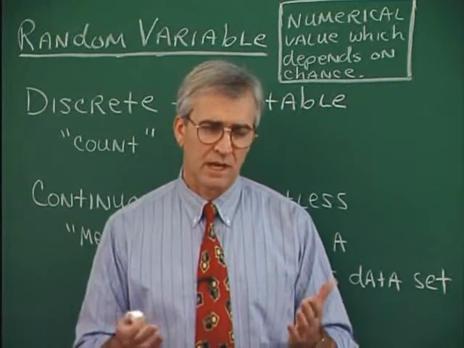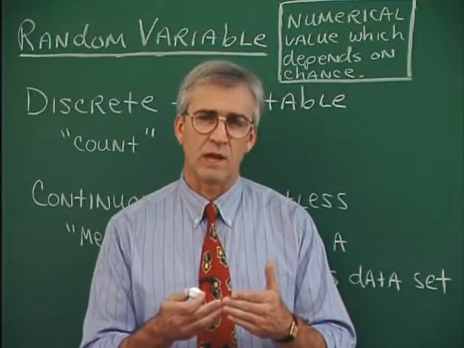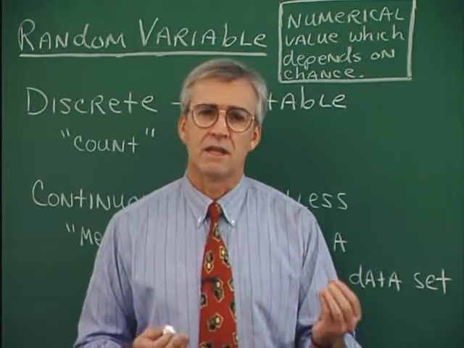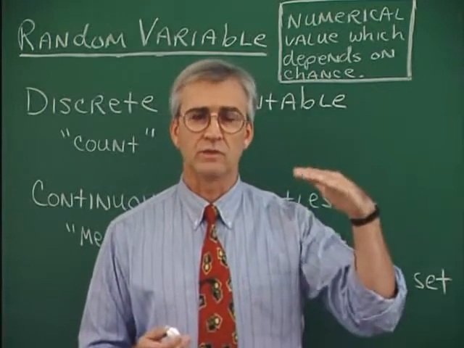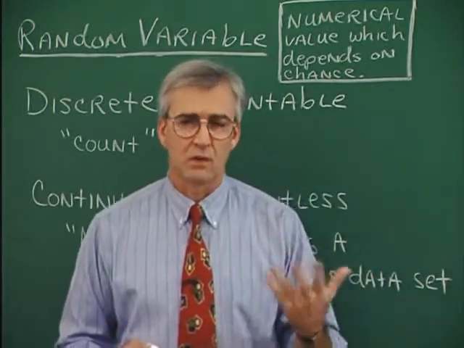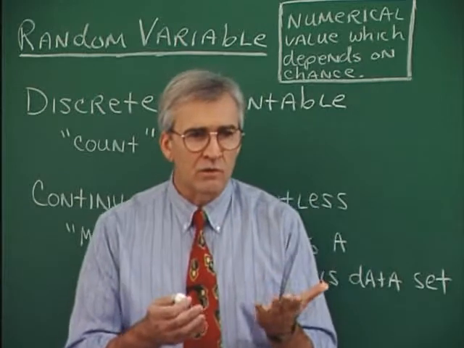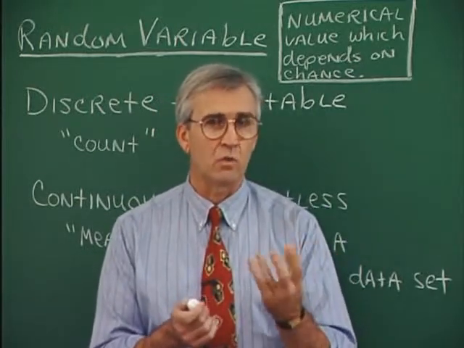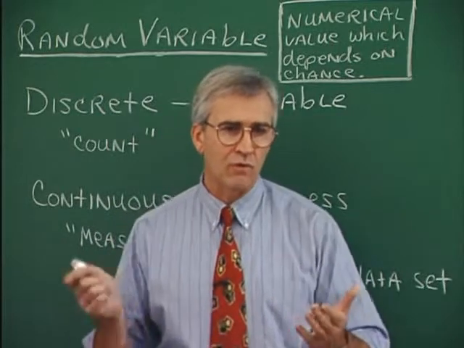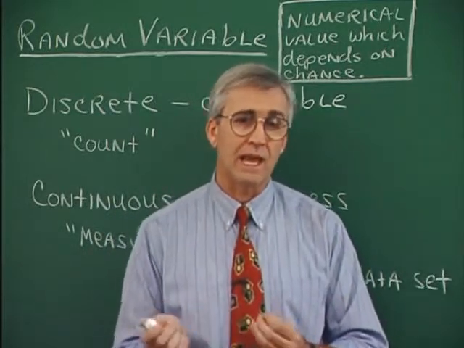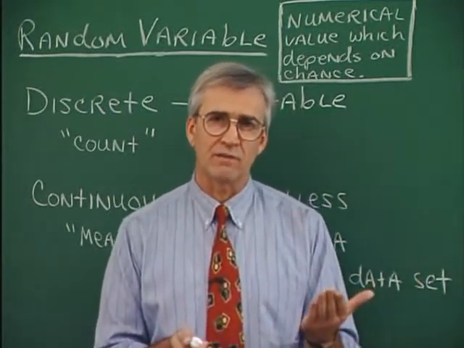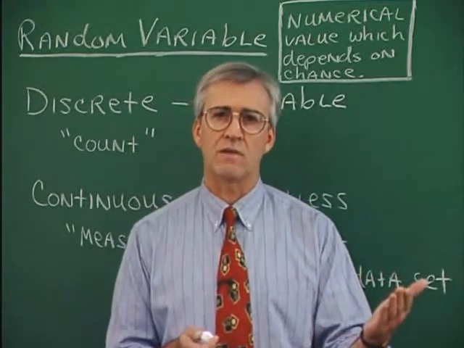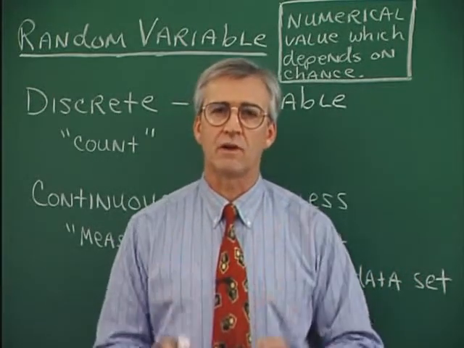For example, if we're talking about the sample space for rolling a die, then we're talking about the numbers 1, 2, 3, 4, 5, 6. So in getting one of those numbers, one of those x's, one of those variables, by virtue of rolling a die, we're taking a chance to identify the value of the variable. So it's a random variable. And that's all random variable means.